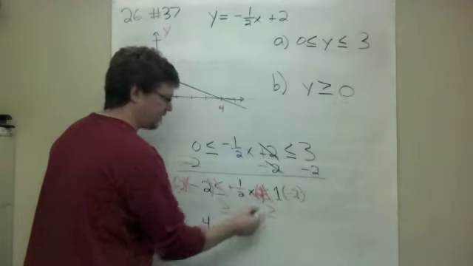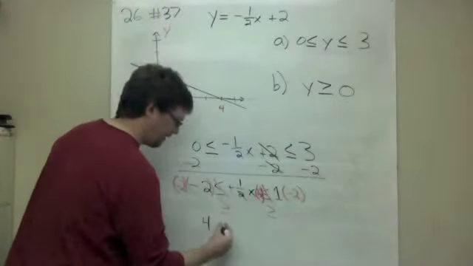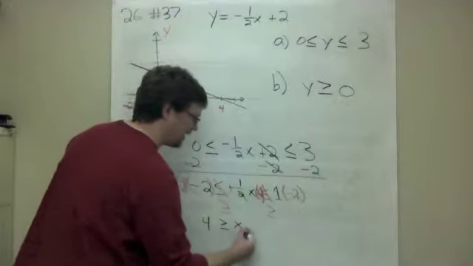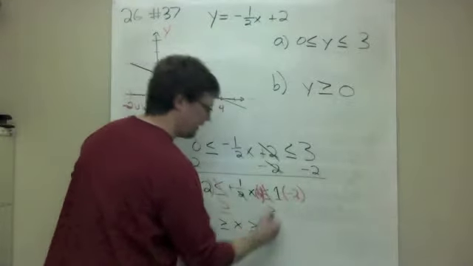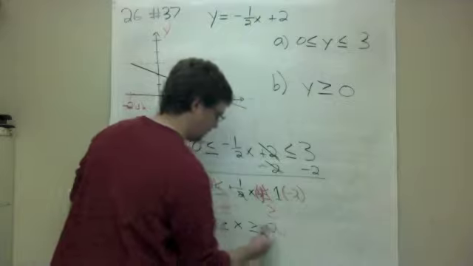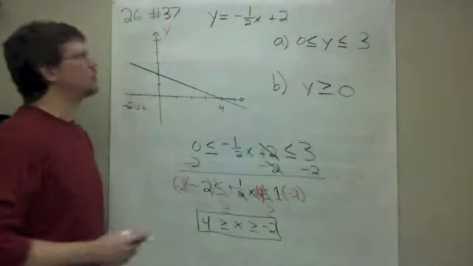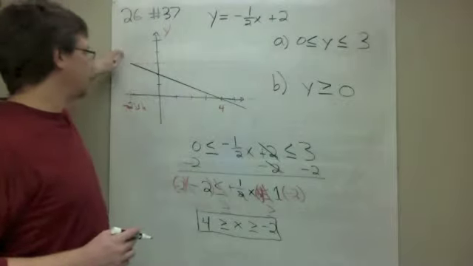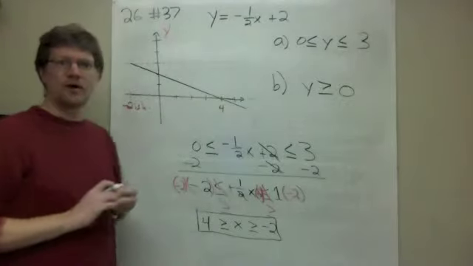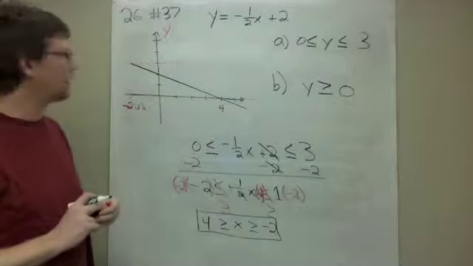The minus will cancel, the 2's will cancel. 4 is greater than or equal to x, which is greater than or equal to 1 times -2, which is -2. So these are the x values that will keep us between 0 and 3, which is what my rough sketch showed.